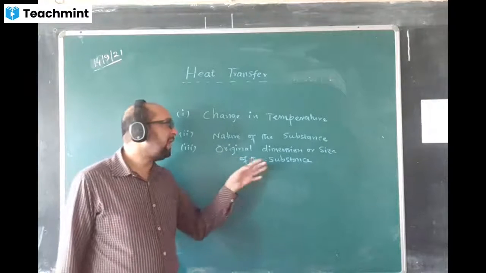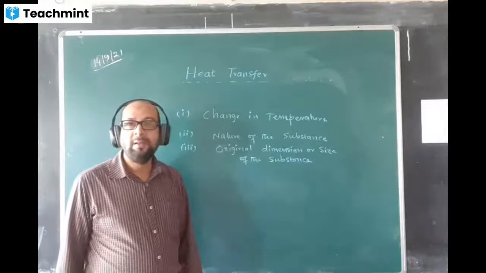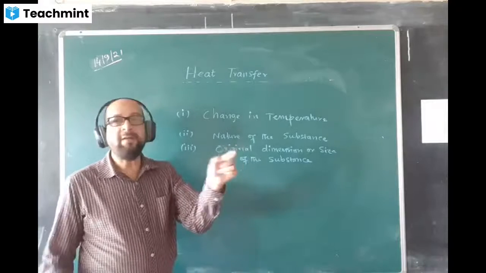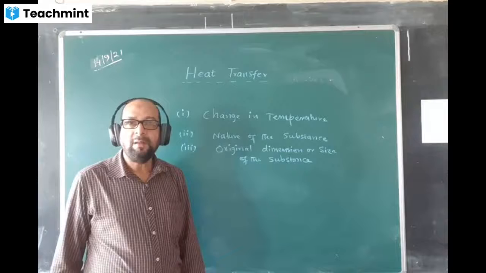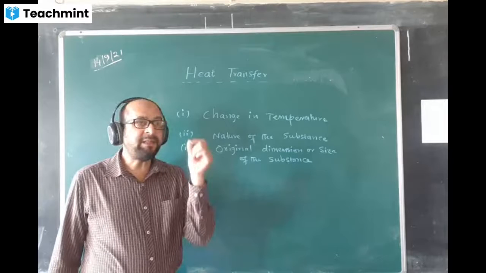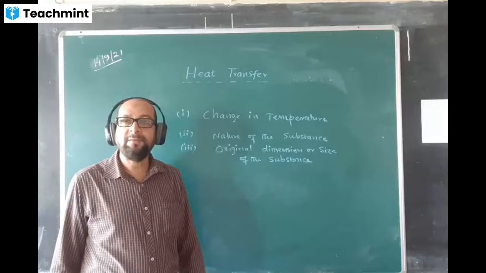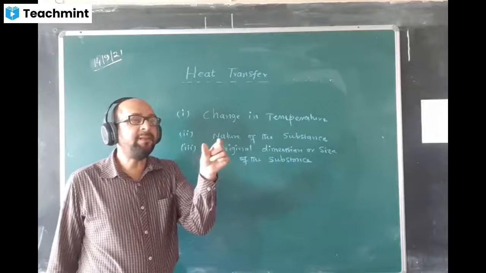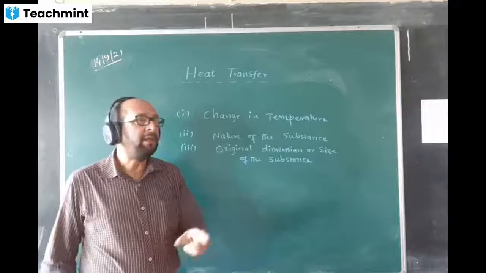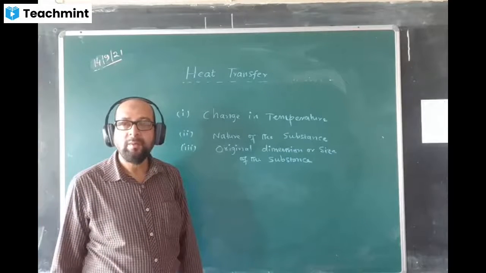And it depends upon the original size or original dimension of the substance. Suppose we have a shorter length of wire and a longer length of wire, of the same material and with the same temperature difference. You will find that the shorter wire expands less and the longer wire expands more.